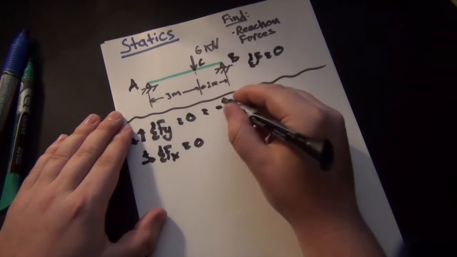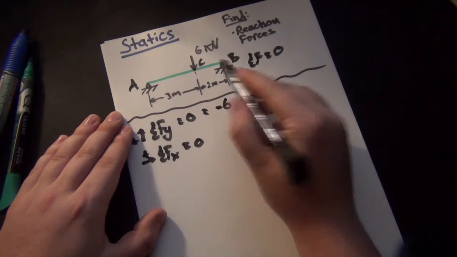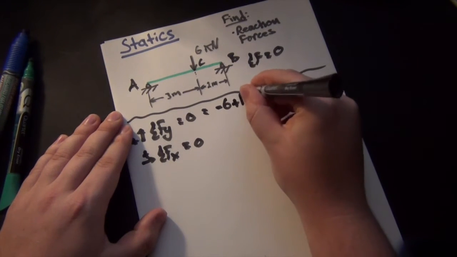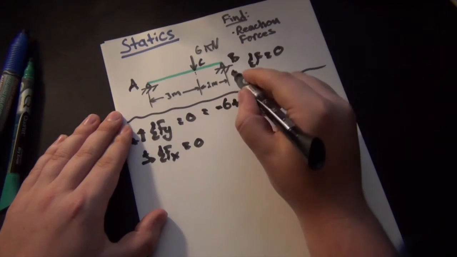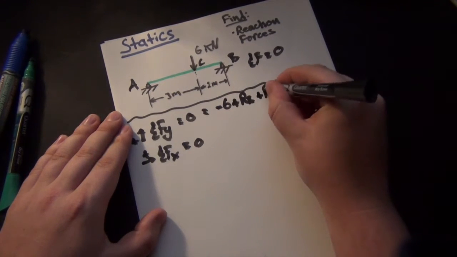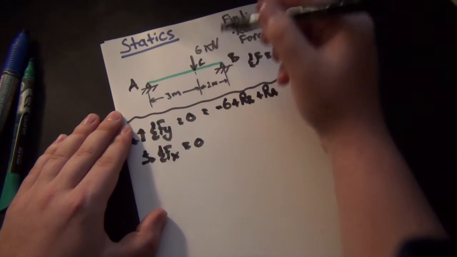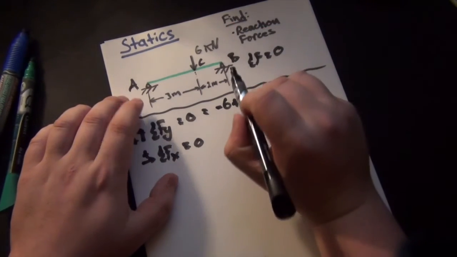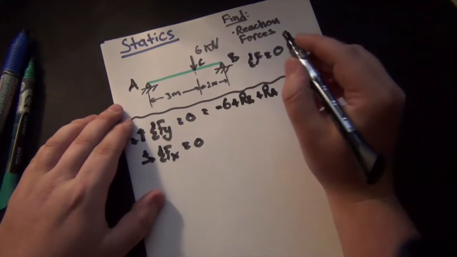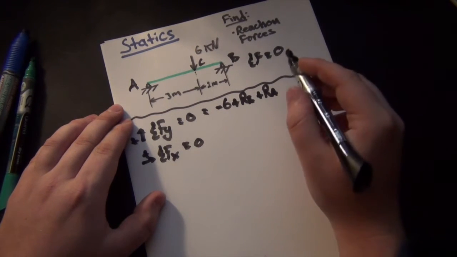So here we have the negative 6 kilonewtons, and we have a positive RB, which is the reaction force pointing up at B, and we have a positive reaction force at A. So when we're pushing down with this force, the supports we're just assuming are pointing up. And so that's everything for the Y direction.